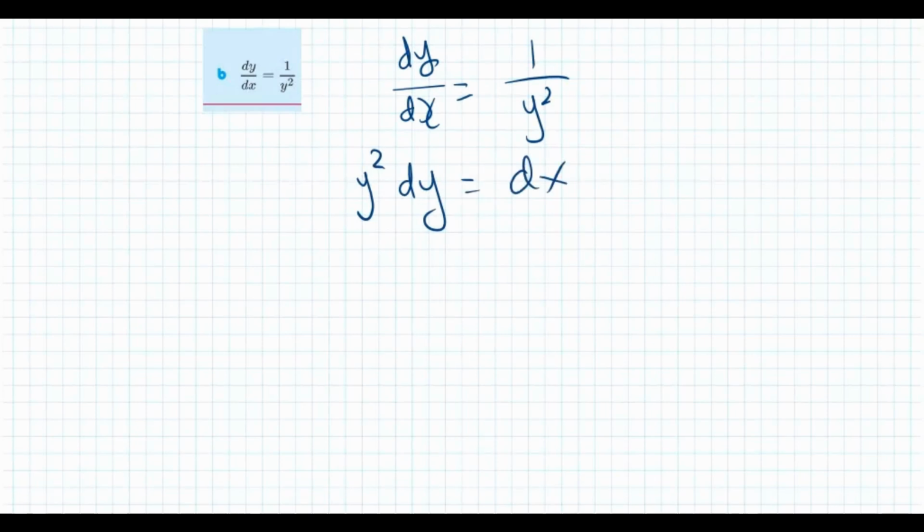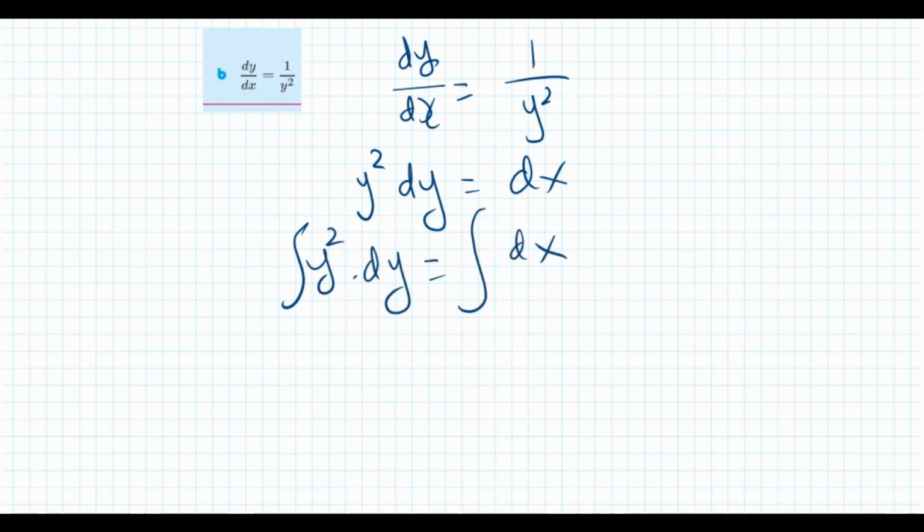It's like cross multiplying. And then you integrate y squared dy equal the integral of dx. And then this is going to be y cubed over 3.